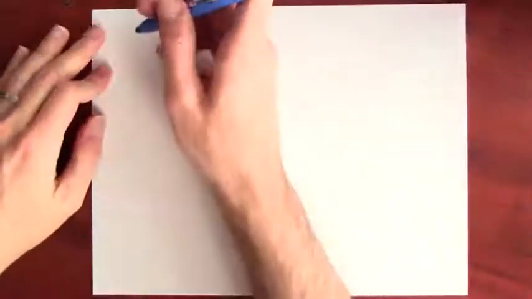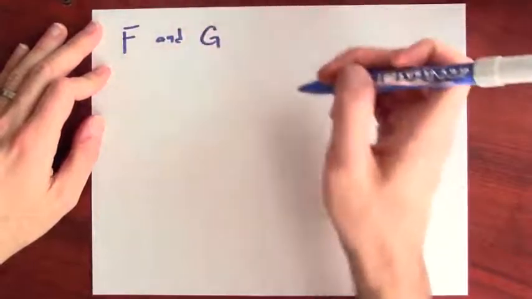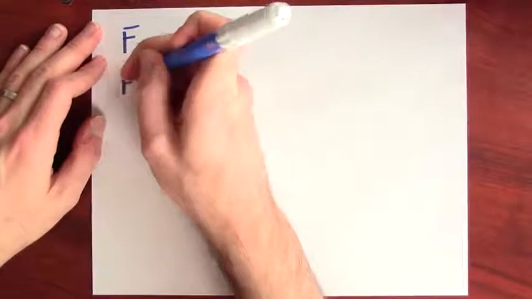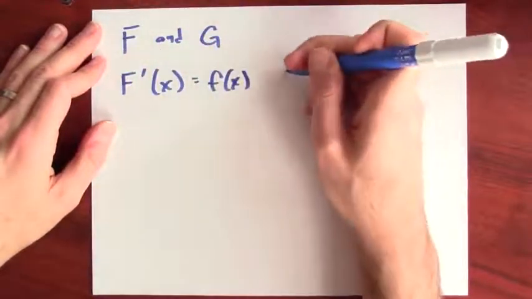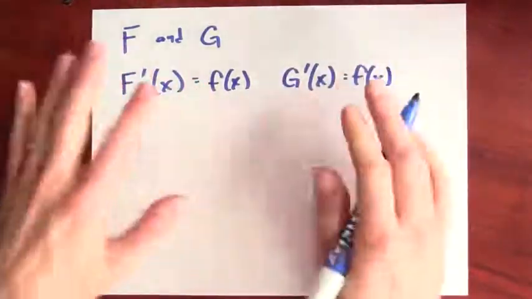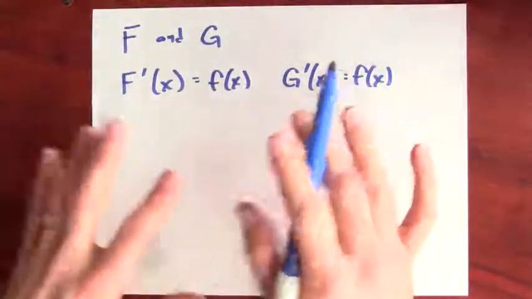So suppose I've got two antiderivatives, big F and big G, for little f. In other words, I mean that if I differentiate big F, I get little f, and if I differentiate big G, I get little f. So suppose I've got two antiderivatives for little f. Now what can I do?